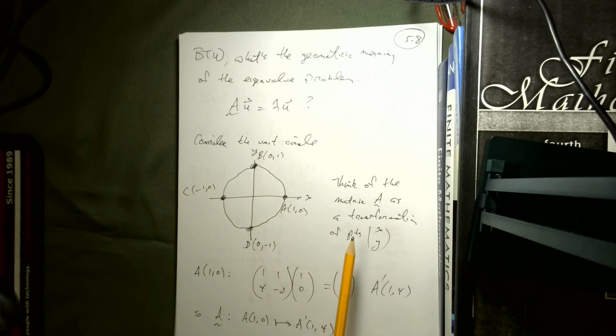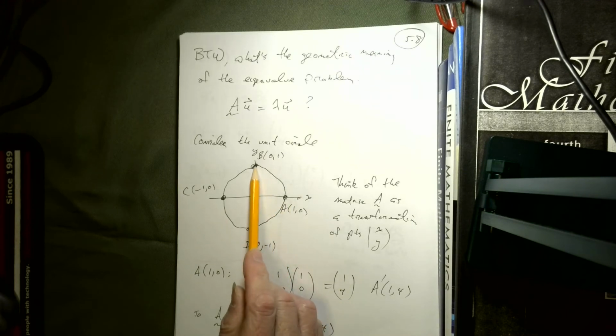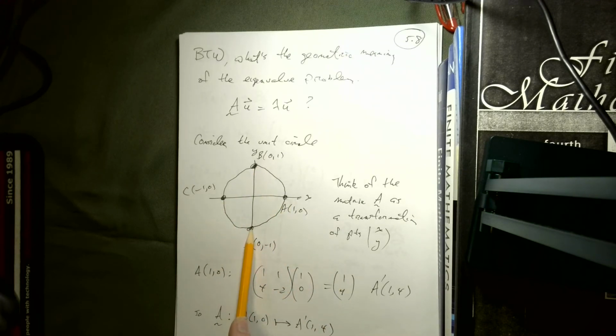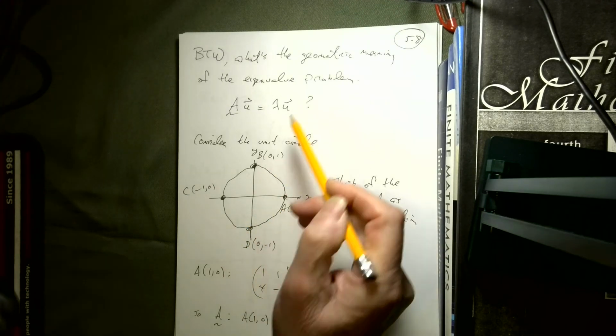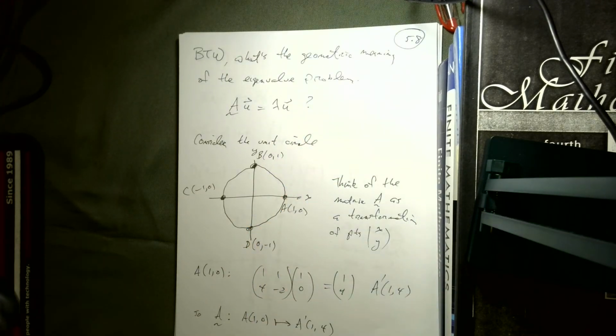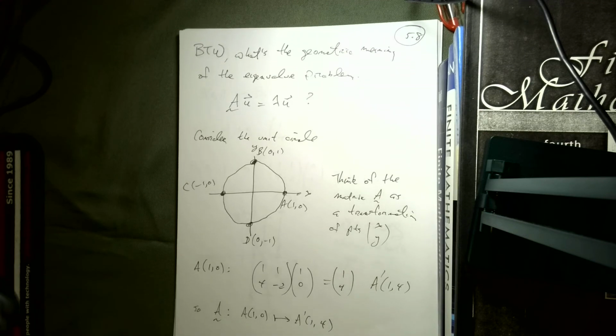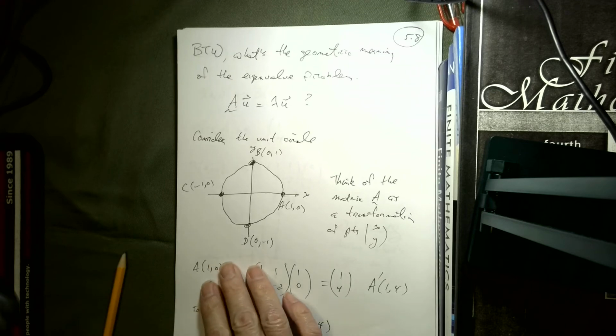We took these points right here on the unit circle, we took our matrix and we transformed them. In other words, what was originally 1, 0 now becomes 1, 4. So we would go 1 and then up to 4. What we're thinking about is the matrix is actually acting on points and transforming them.